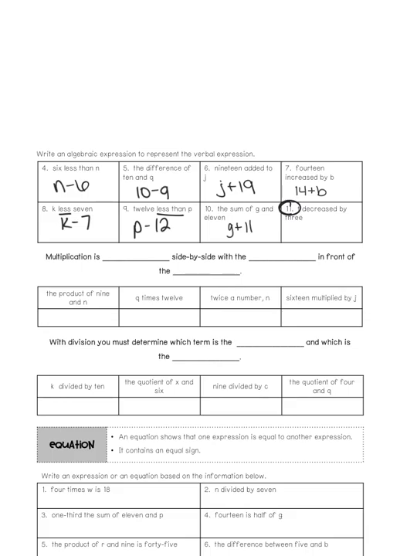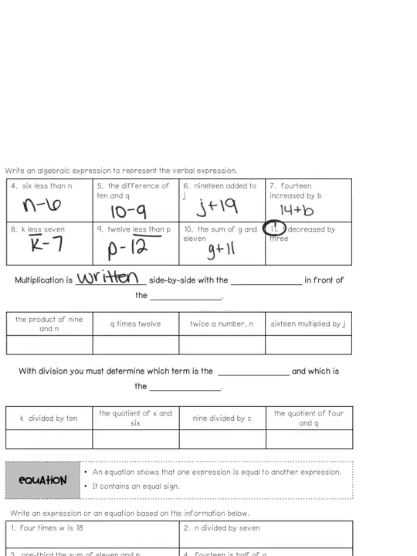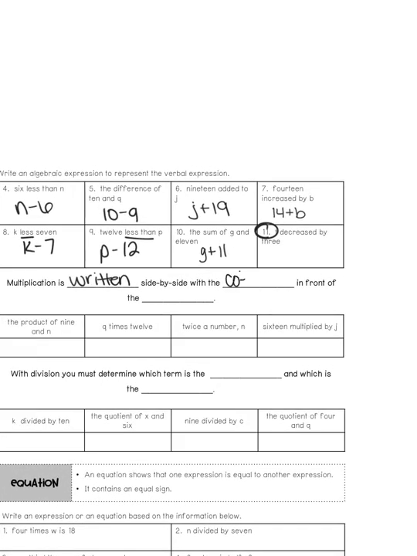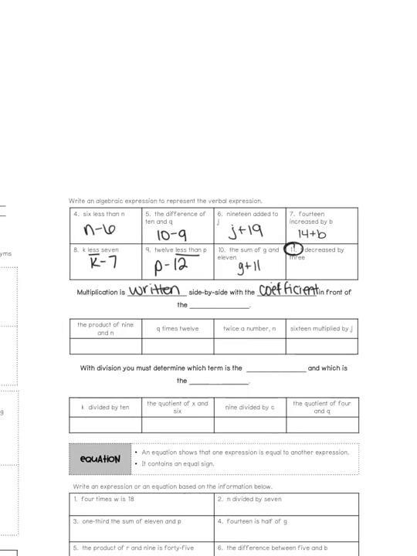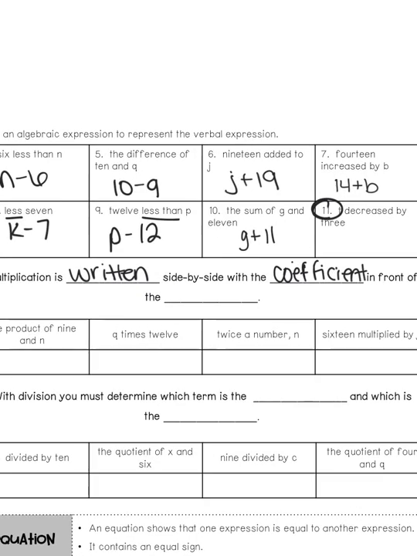All right, multiplication is written side by side with the coefficient in front of the variable. Okay, so like this.